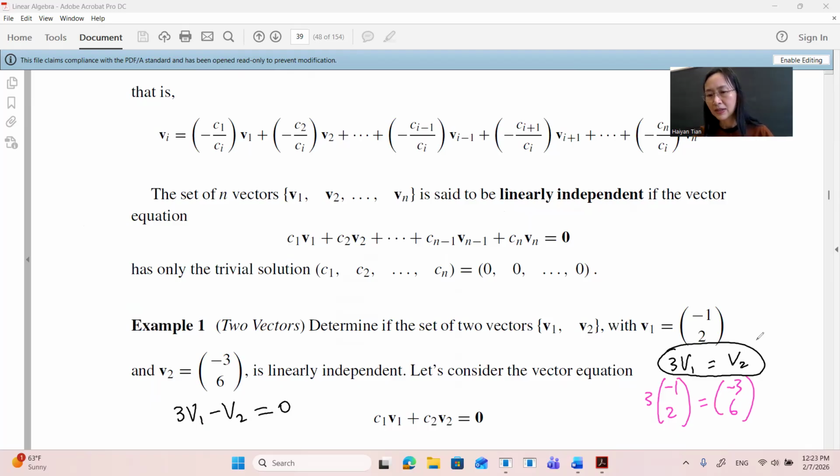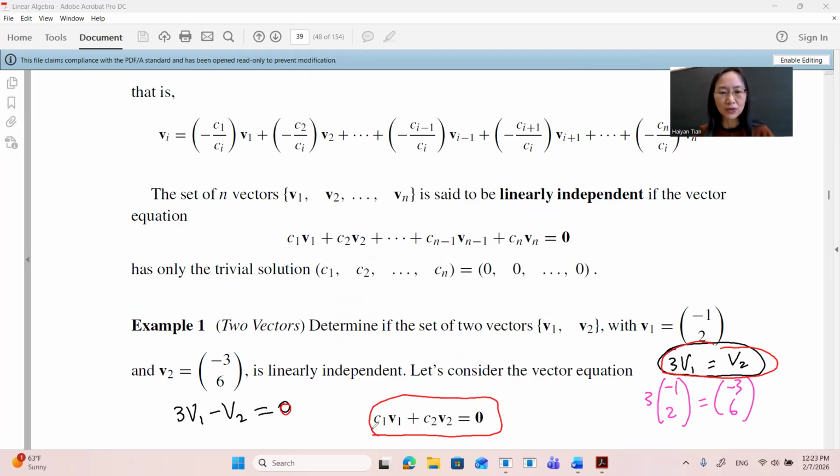If I write this in homogeneous equation form, that's the vector form: 3v1 minus v2 is 0. So that means this system has a non-trivial solution.